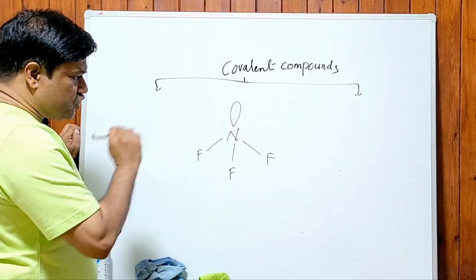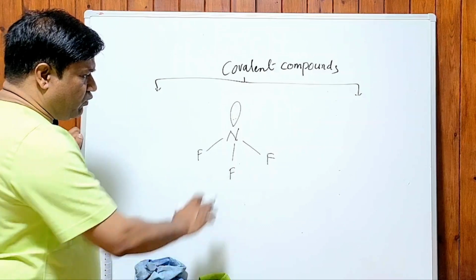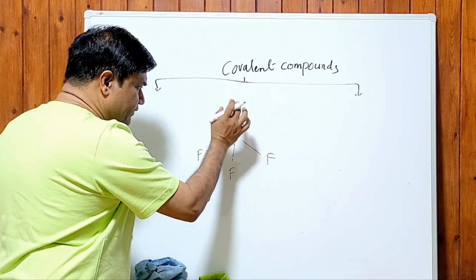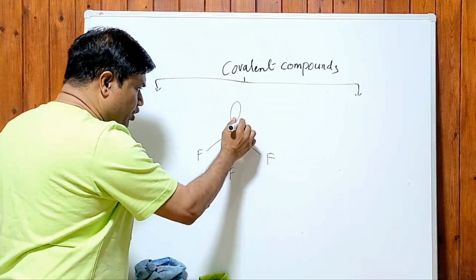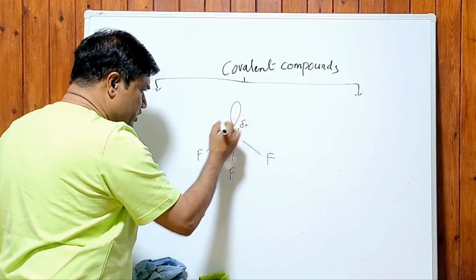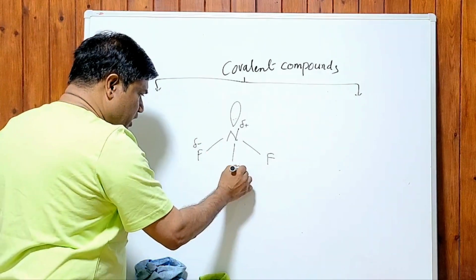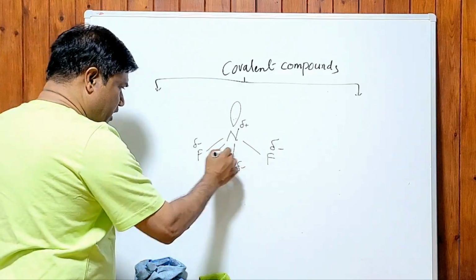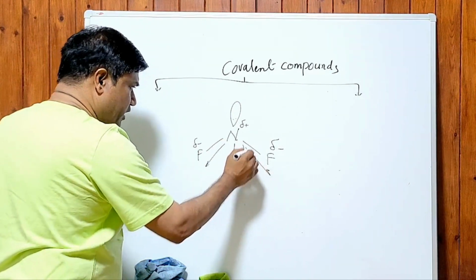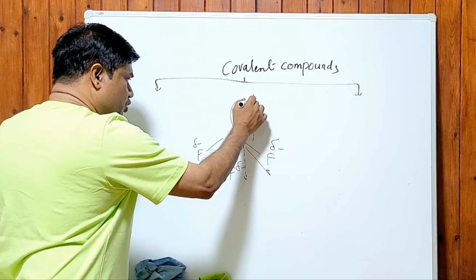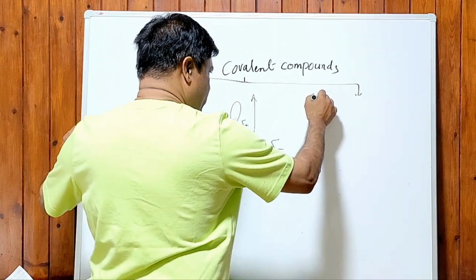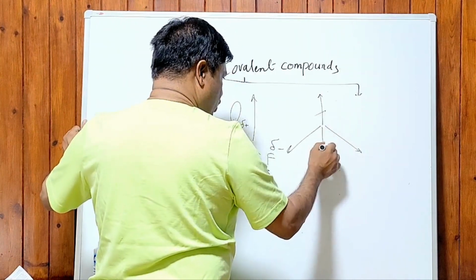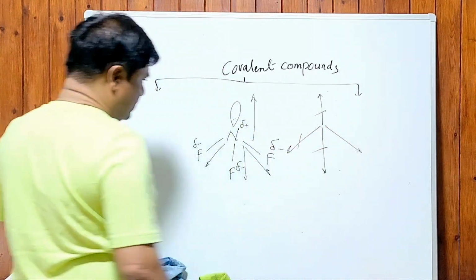Which one will become partial positive? The electronegativity value of fluorine is more. Nitrogen is less. So nitrogen gets a positive charge and each fluorine gets a negative charge. So this dipole goes here, this goes here, this goes here, and because of the lone pair, that goes up. So all cancel? No, we can't cancel. Sorry, my bad.